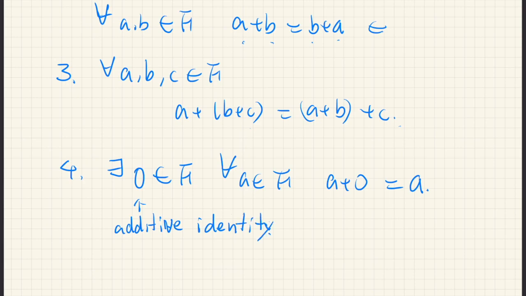Note that this symbol 0 is just a symbol. It's not necessarily the number 0, but it's just a symbol to represent some special element of F that satisfies this property. Additive identity is also often called the 0 element.